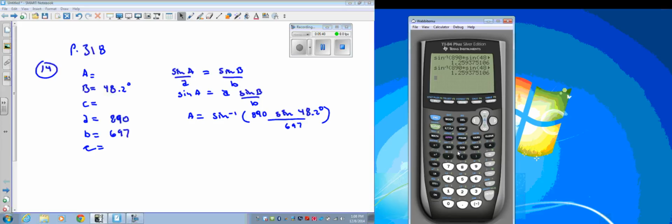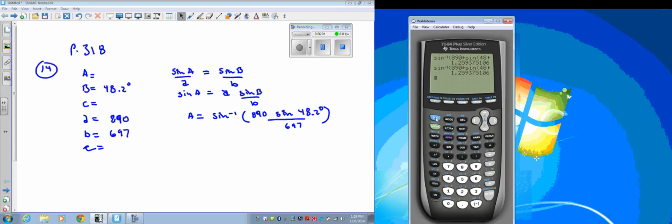Is that what I got last time when I was doing this? I'll switch it over to degrees just in case that 1.25 is some sort of a radian thing.